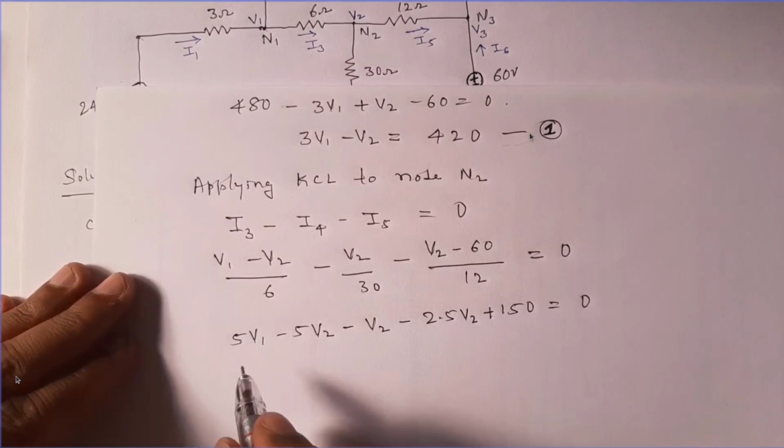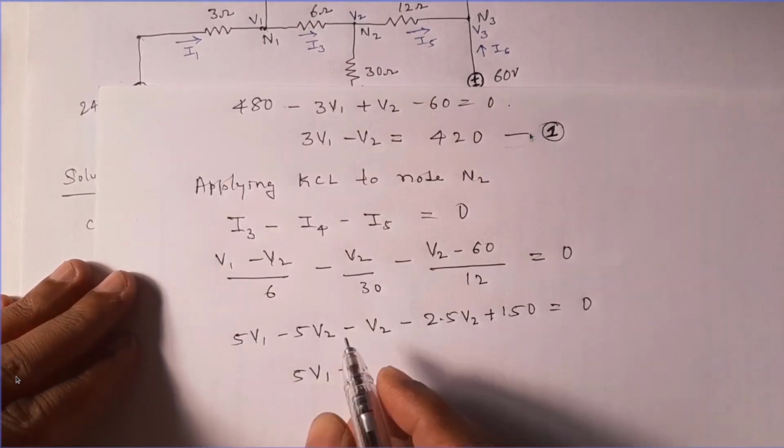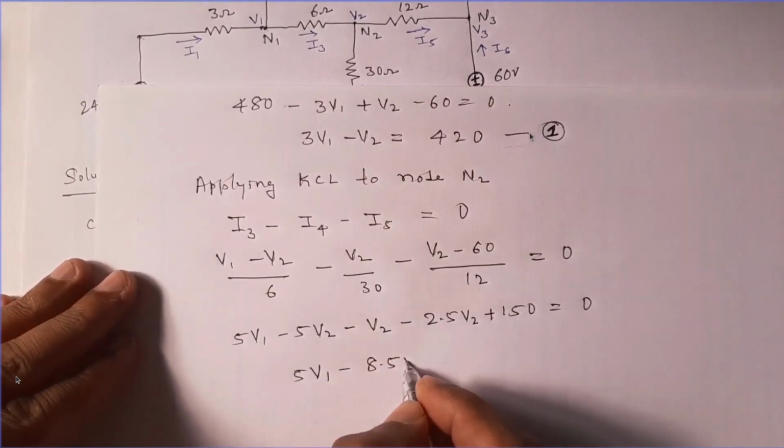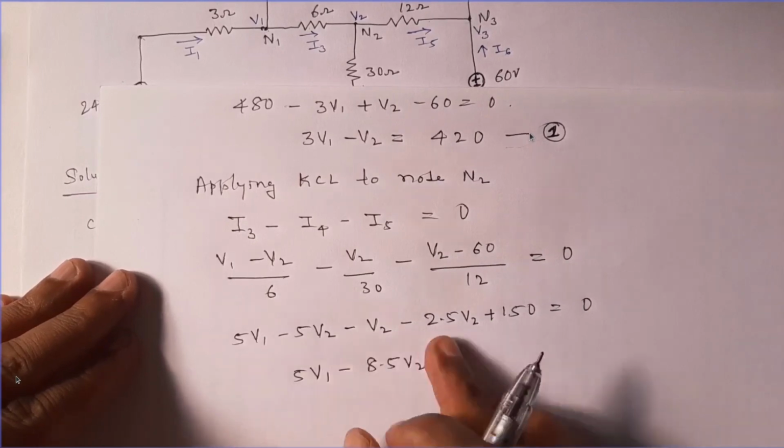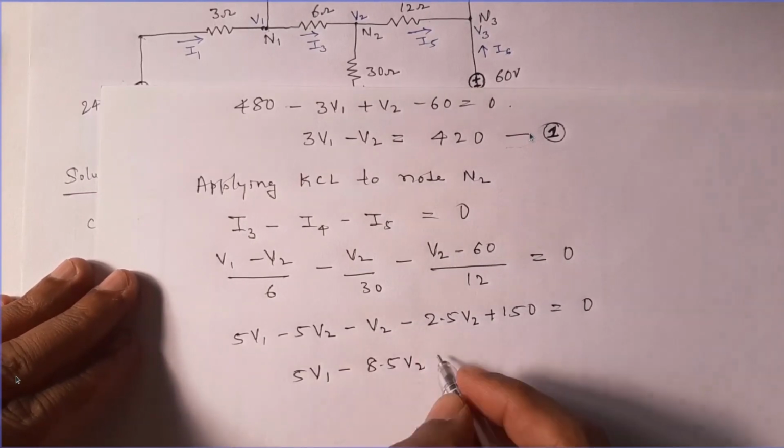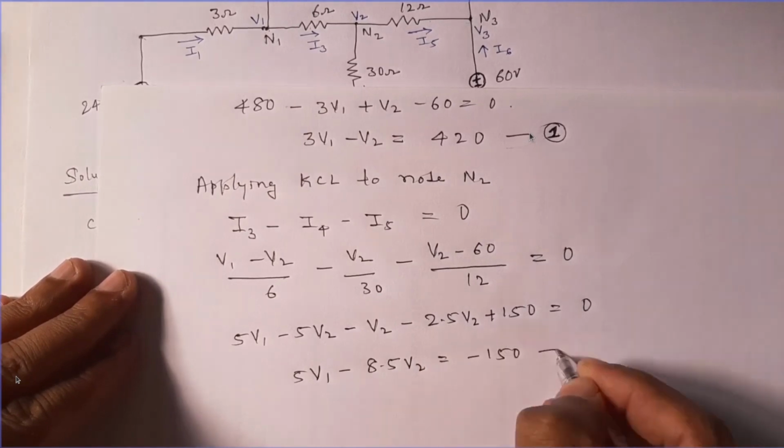Now here 5V1 minus 8.5V2, so this is 5, 1 and 2.5, so 8.5, is equal to minus 150. Call this equation number 2.